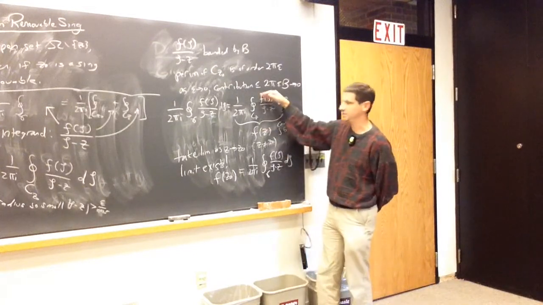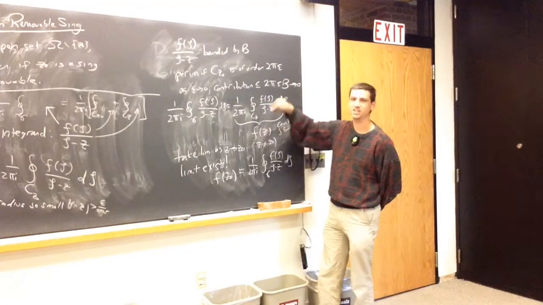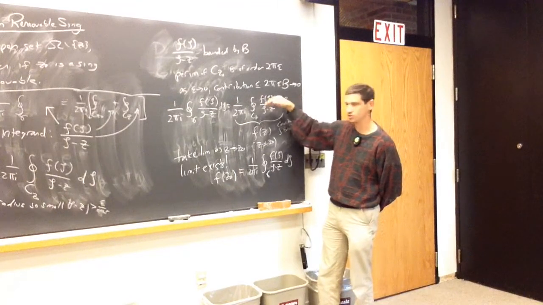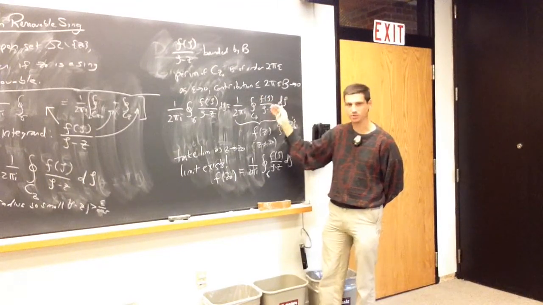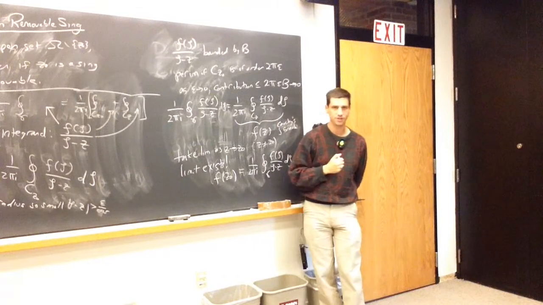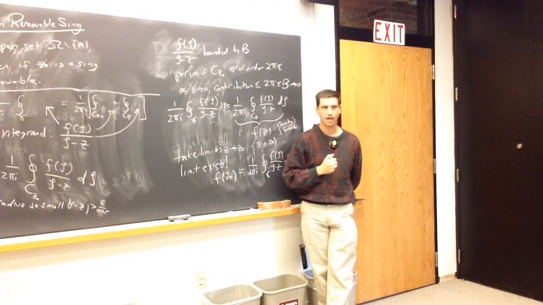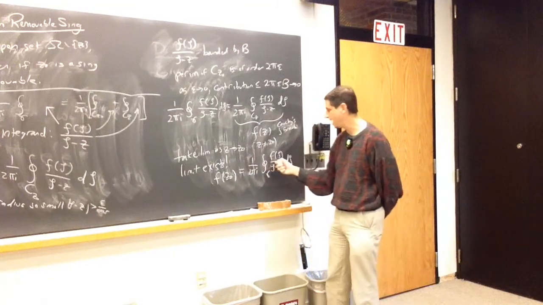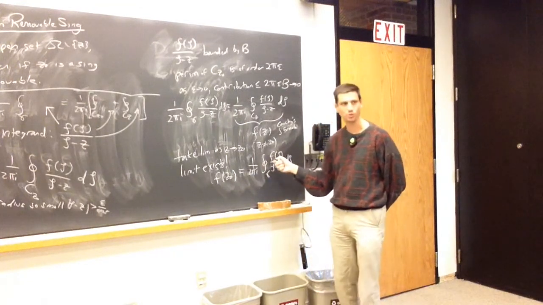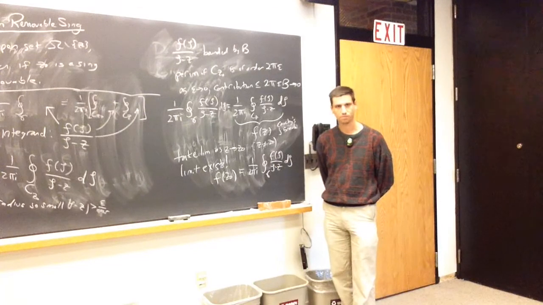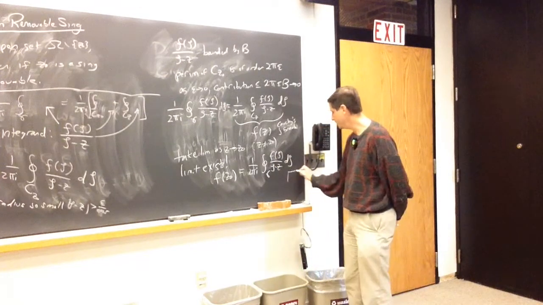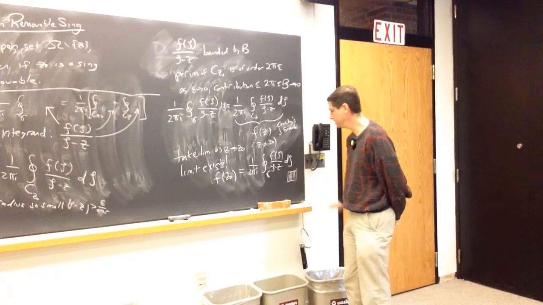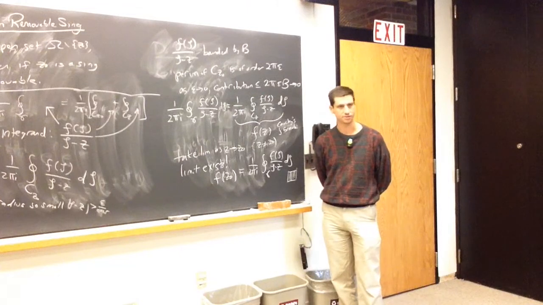We know f of z equals this. We now take the limit as z gets closer and closer to z naught. This is always going to be true, so now we have a definition for f of z naught. And this proves that f is holomorphic, because f is now given by the integral of a function that's holomorphic on the boundary. So this finishes the proof of Riemann's theorem on removable singularities.